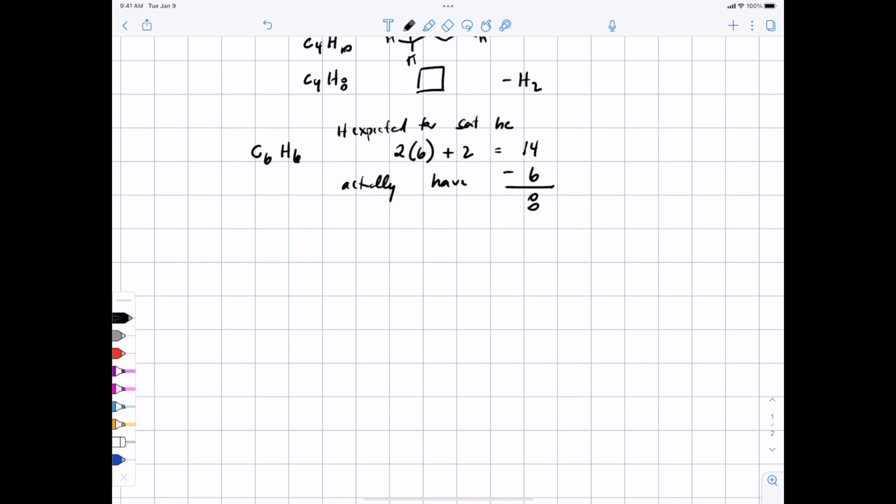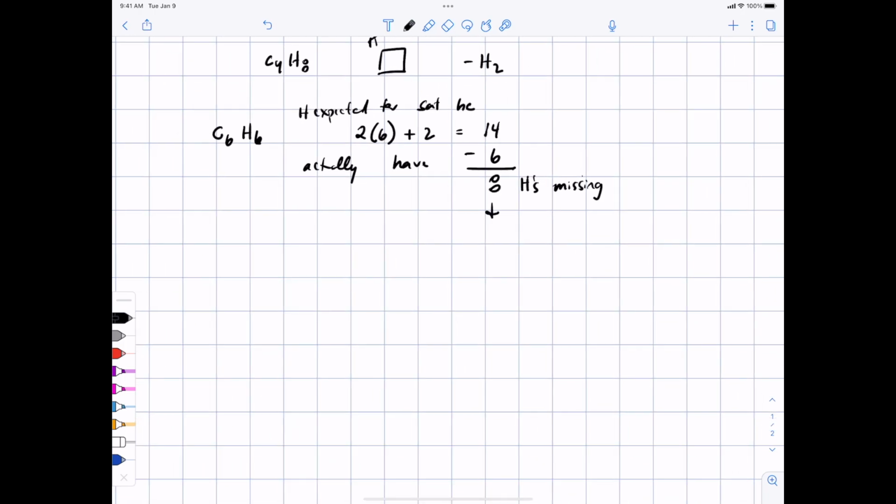So that means I have 6 hydrogens missing relative to the saturated hydrocarbon, which translates into, if I divide by 2, because there's 2 hydrogens per pi bond or ring, I have 4 pi bonds or rings in this organic molecule.